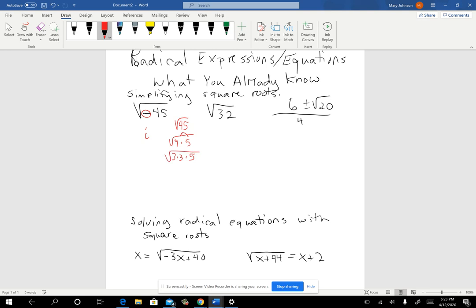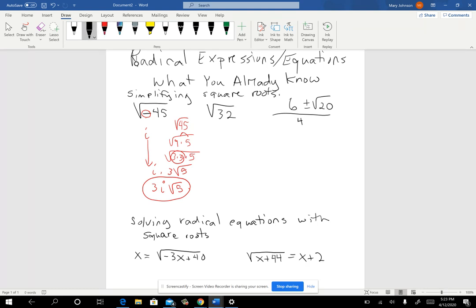And since this was a square root, you know there's a pair of 3's. And so 3 would be outside and 5 would be underneath. But then we have the i from this negative underneath the radical, so we have to be sure to bring that down. And then we usually write it 3i square root of 5. And that would be the simplest radical form for the square root of negative 45.